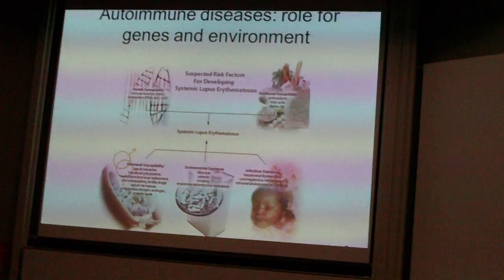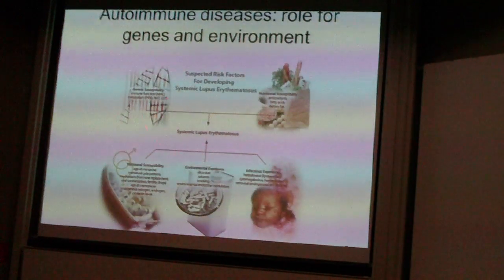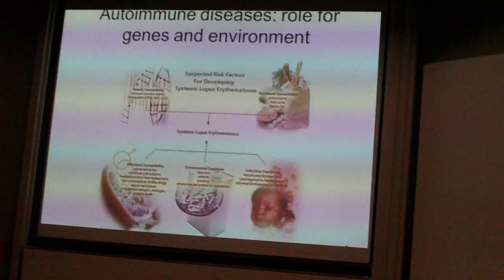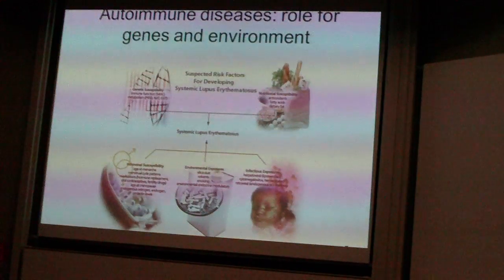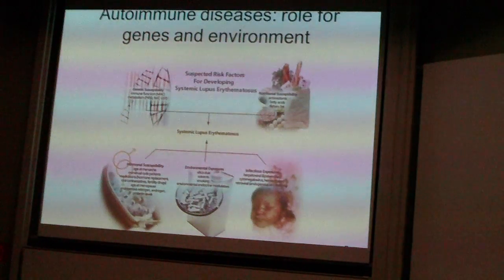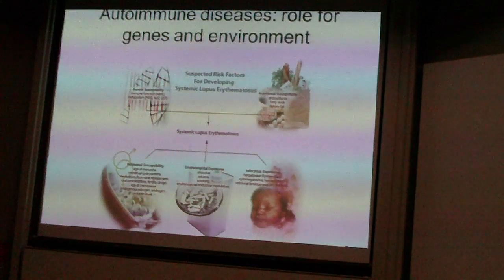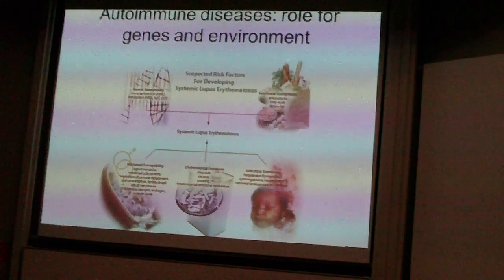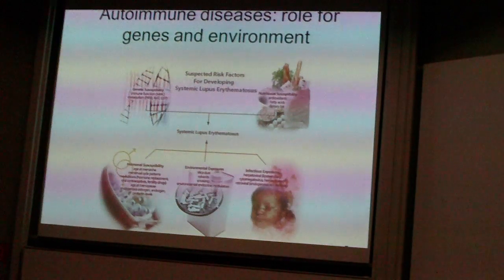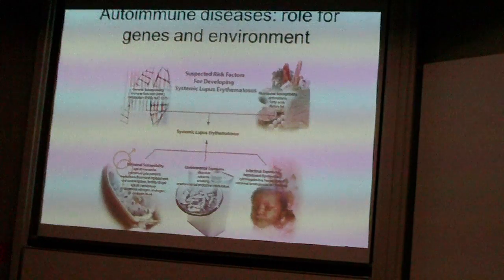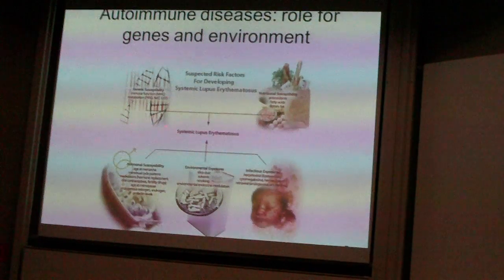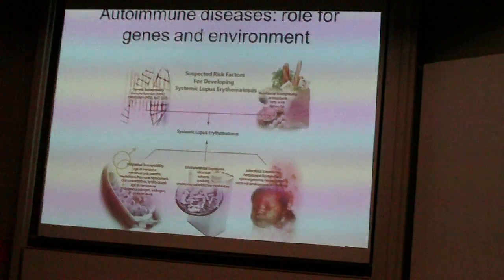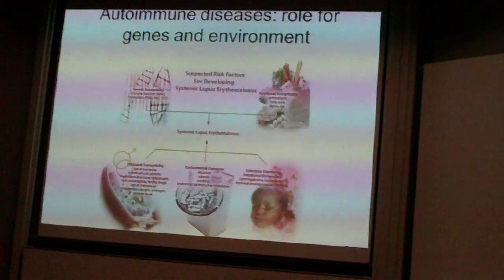In most of the autoimmune diseases, and systemic lupus erythematosus, or SLE, or lupus, is another type of inflammatory disease which is presumed to be of autoimmune origin. In many of these diseases, we know that a particular genetic makeup is important. So there are some genes that increase your susceptibility to develop these diseases, but the genes are clearly not sufficient.